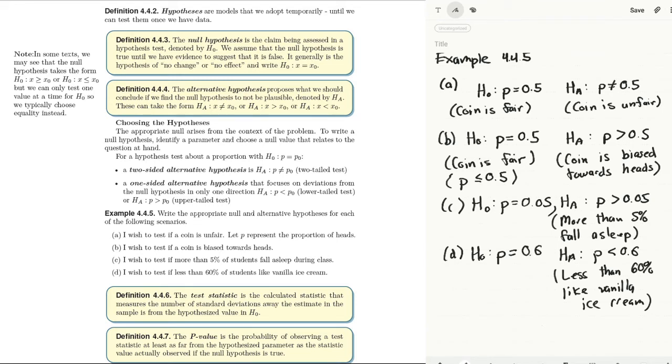So after we have determined the hypotheses for the test, we will go out and collect the data. Then once we have our data, we can calculate what is called a test statistic, which measures the number of standard deviations away the sample estimate is from the hypothesized value in the null hypothesis.